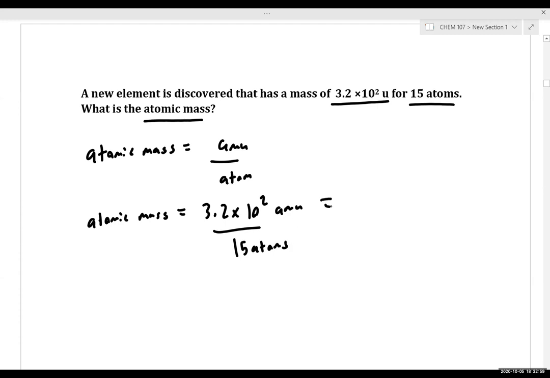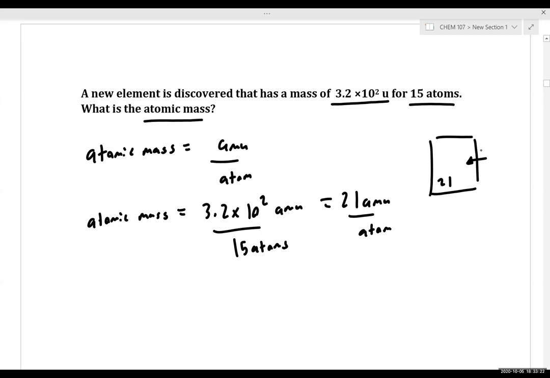Punching this into our calculator, we have 320 over 15, and that gives us a mass of 21 AMU per atom. And what element has a mass of 21 AMU per atom?